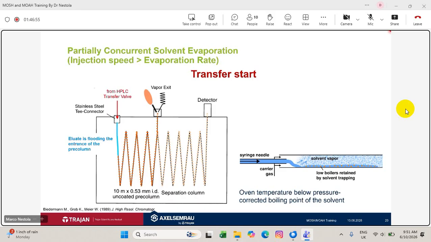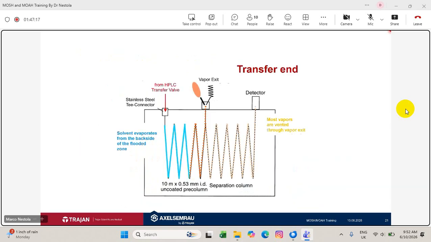Inside the liquid we have all of our compounds trapped, because the liquid has much higher retention for the compounds compared to the gas phase. So the reason why we are not losing anything is just that we have liquid there. Okay.